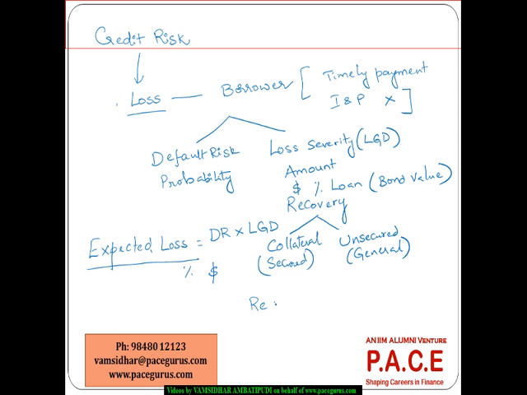And whenever we are using another term called recovery rate, it is closely related to your loss severity. If I am expressing loss given default in percentage terms, 1 minus that is the recovery rate. So this is a very basic overview of credit risk.